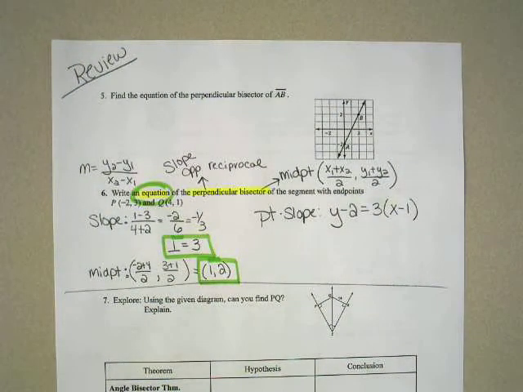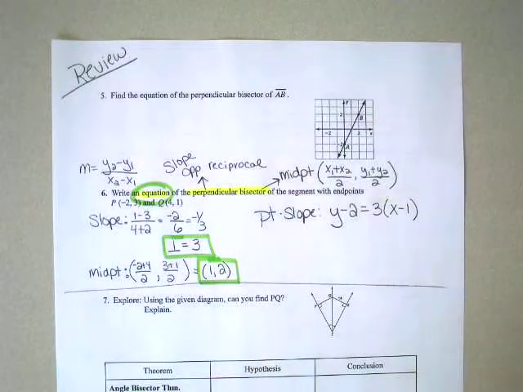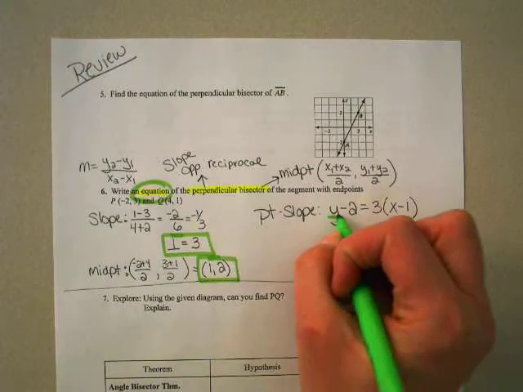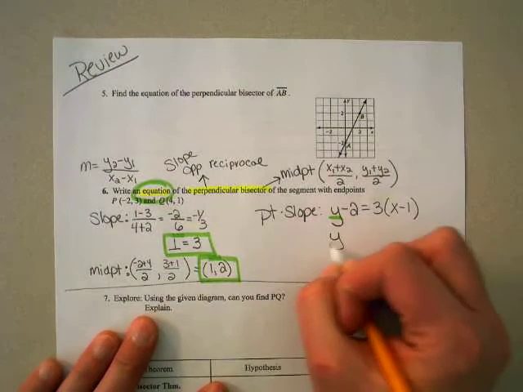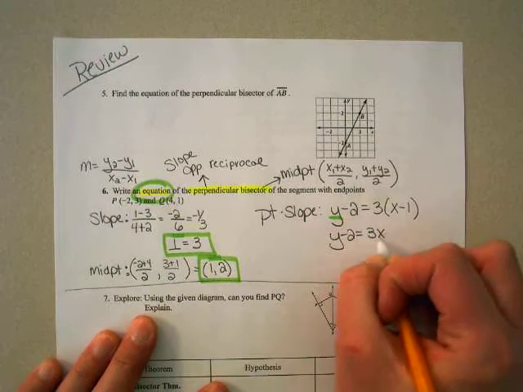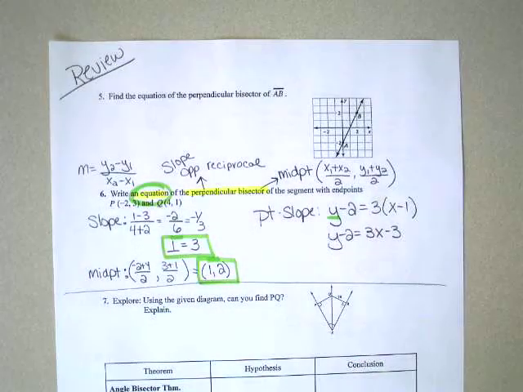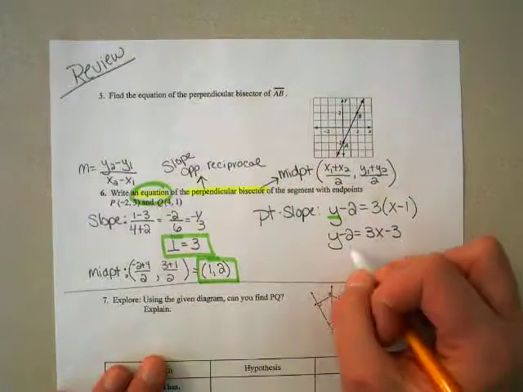Now, if you want slope-intercept, you have to get the y alone. So you just have to solve this for y. You'll want to distribute. And then you just got to move the 2 over.